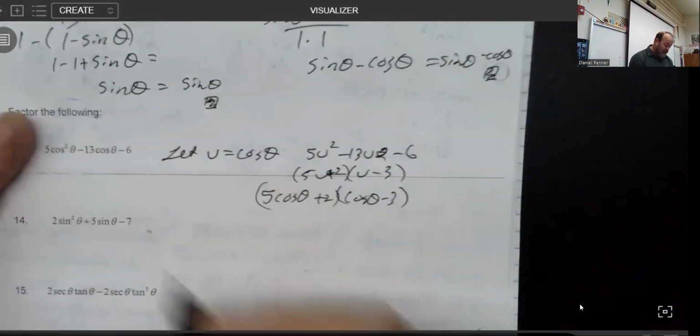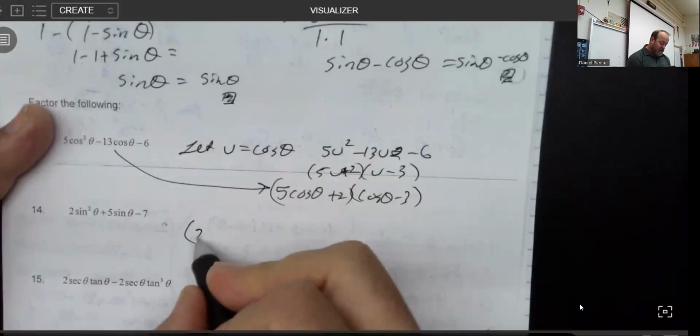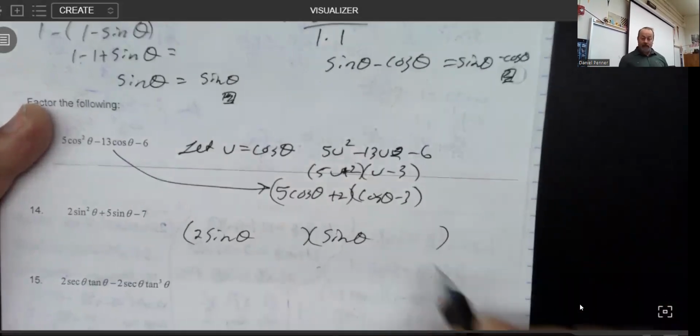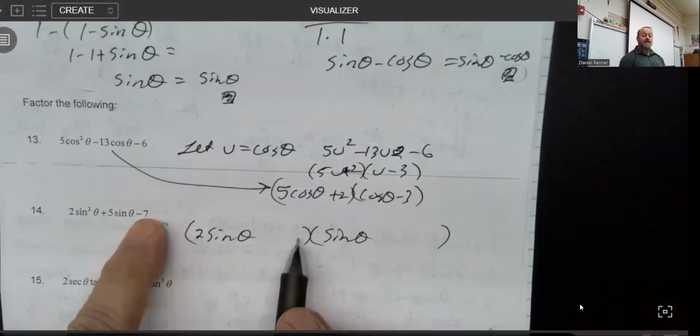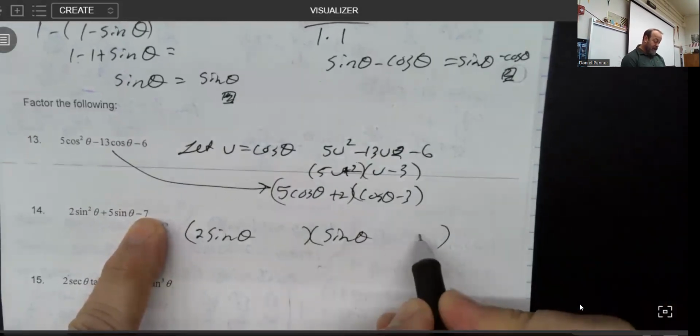Now, you didn't really have to do that. Some people can just look at it and see that, and that's what I'm going to do on this problem. I notice the only way to get 2 sine squared is 2 sine times a sine. And because the number 7 is a prime number, one of these two numbers has to be a 7. It either has to be a 7 here or a 7 here.